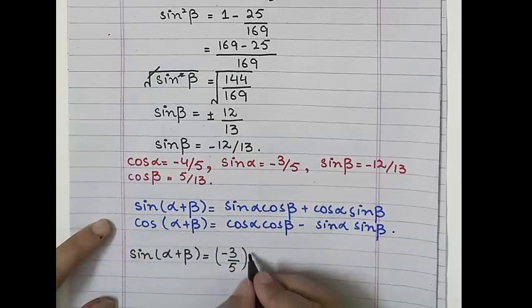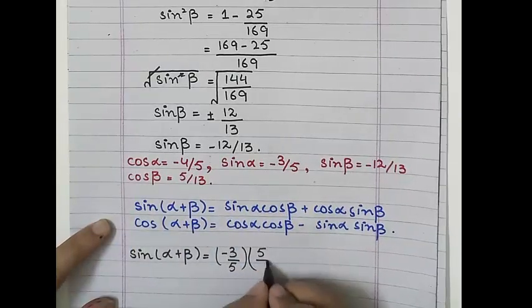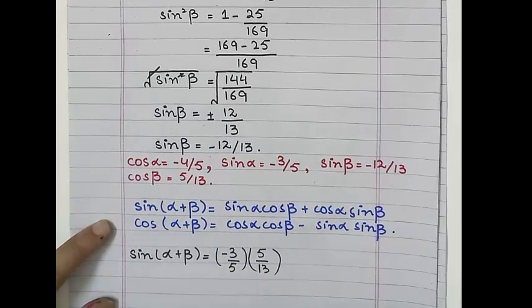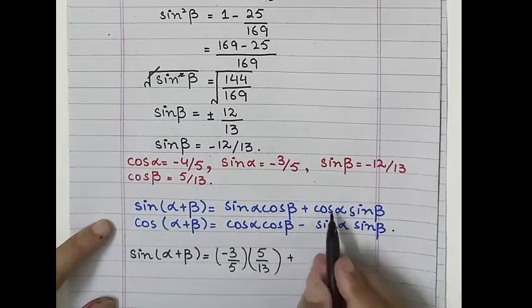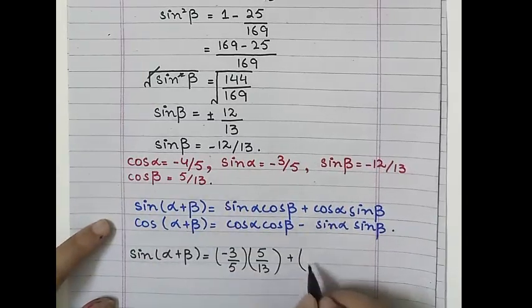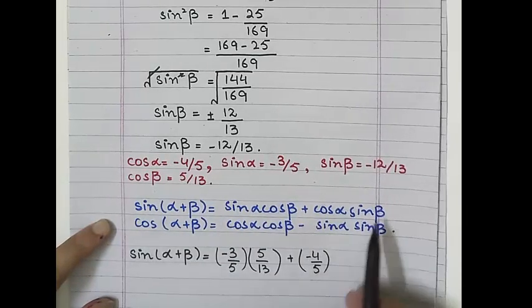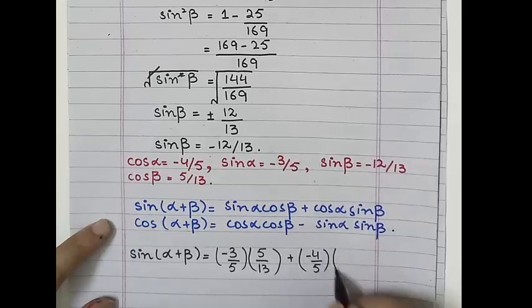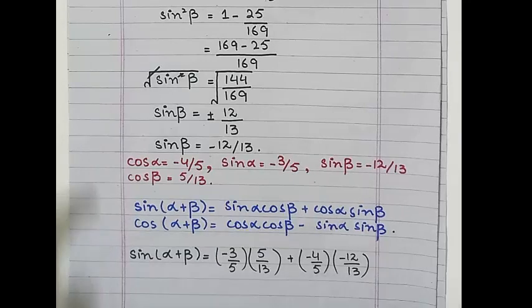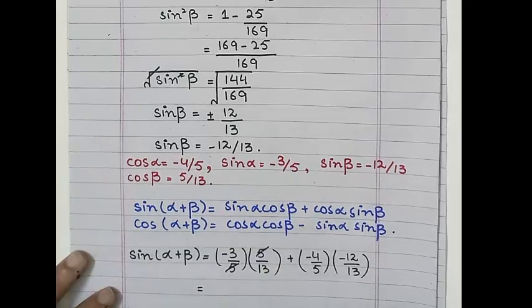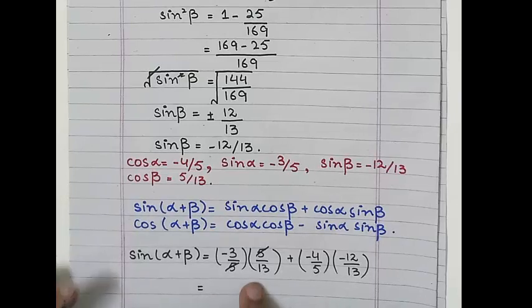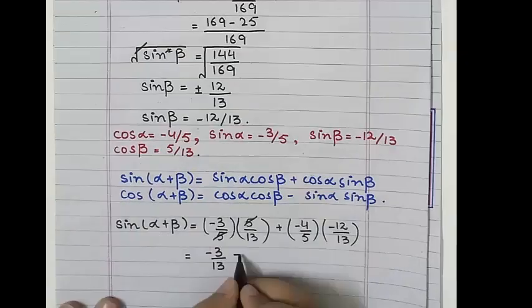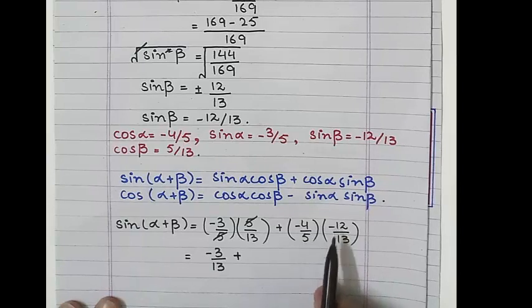The value of cos beta is 5 over 13 plus the value of cos alpha, minus 4 over 5, and the value of sin beta, minus 12 over 13. So 5 and 5 will cancel out and we have minus 3 over 13. So plus, minus times minus is plus.